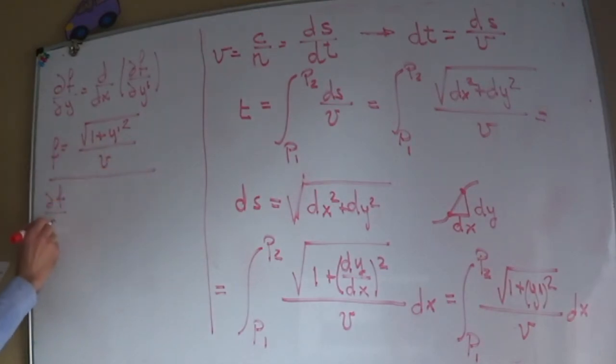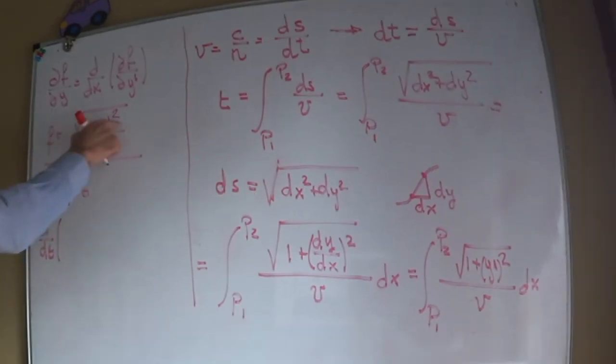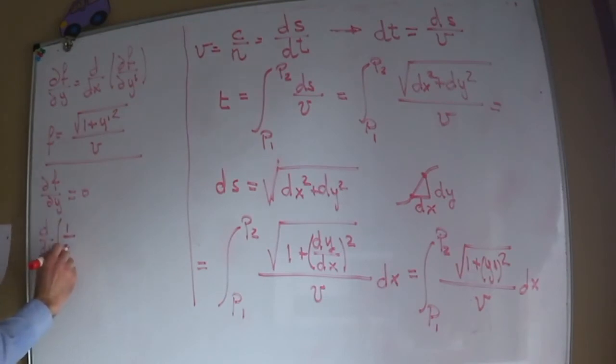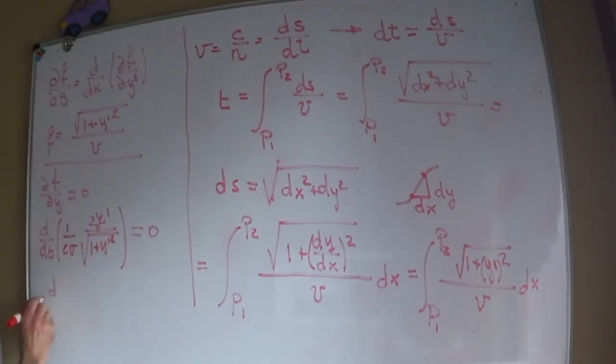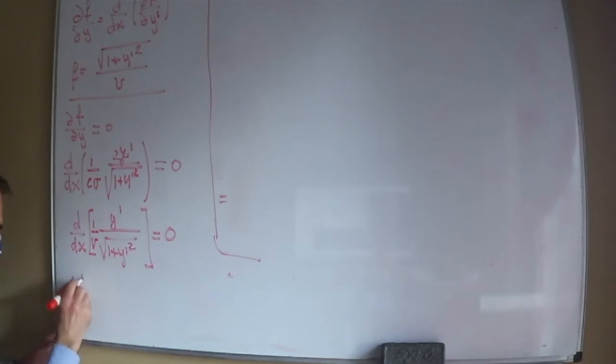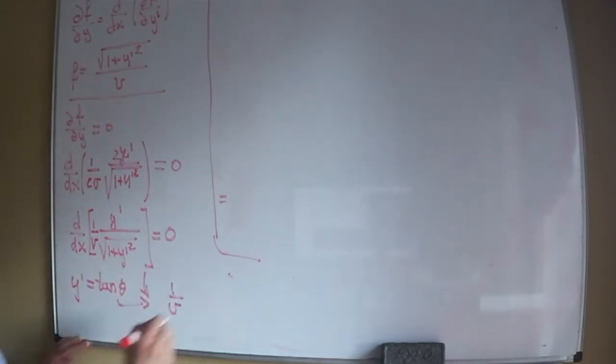So now it is time to apply Euler-Lagrange to this function f. This first term is 0, and this second term says that this derivative is 0. Now I'll make a change of variables, y prime equal to the tangent of theta.